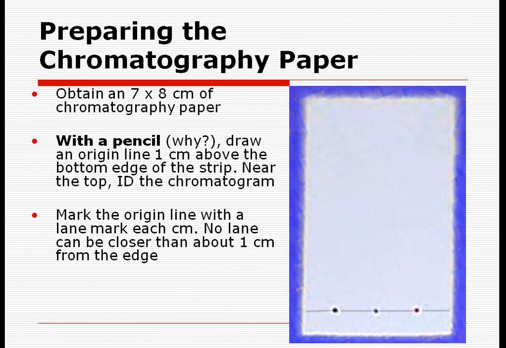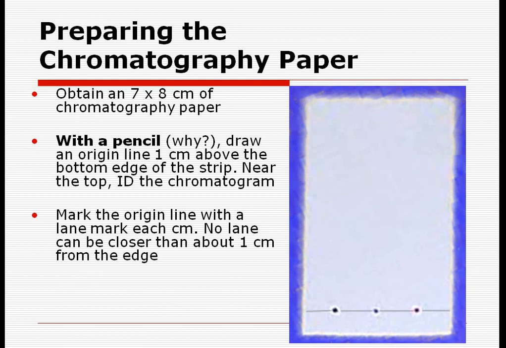Preparing the chromatography paper. Obtain a 7 by 8 cm piece of chromatographic paper. With a pencil, draw an origin line 1 centimeter above the bottom edge of the strip.